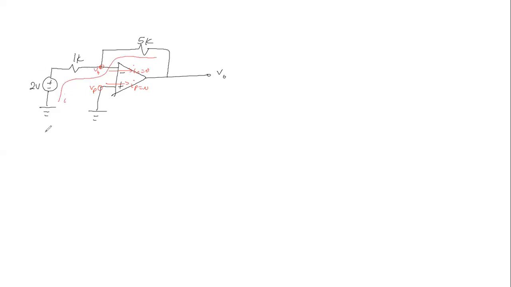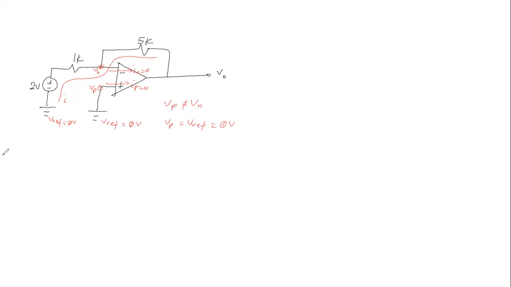This is the reference voltage, ground, 0 volts. In this case, V sub P is the same as the reference voltage, which is 0 volts, and V sub N is not the same as V sub P.